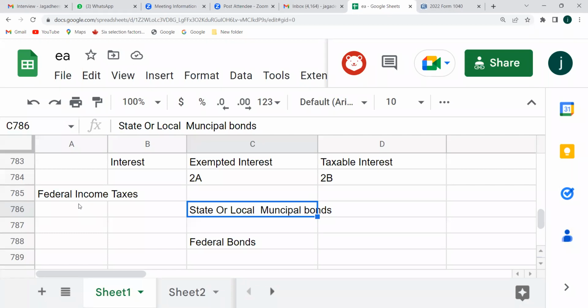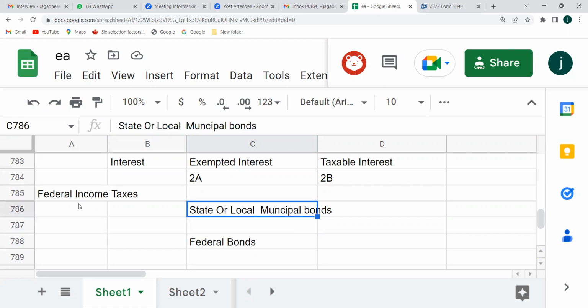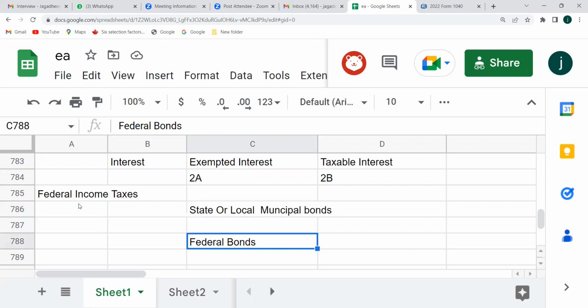We need to file a federal return, a state return, as well as local returns, so three types of returns will be there. Now we are discussing only federal, so don't worry. Interest on federal bonds will be taxable in federal and exempted in state and local. And interest on state government or local bonds will be exempted in federal. Clear?